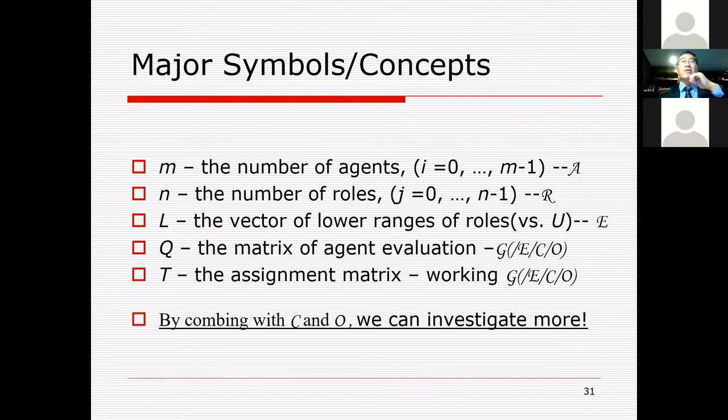Maybe you can evaluate him at 9.5, 95%, right? But the professor can also do plumbing or lawn mowing, but maybe the evaluation is not at a professional level, maybe just 60%. So that's the Q.